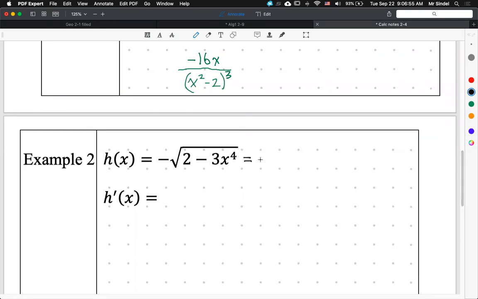Negative times 2 minus 3x to the 4th to the 1/2. Thank you. All right. So Fiona has rewritten this for us. I need someone to do Doubter times dinner. Teflon, do Doubter for us, please.